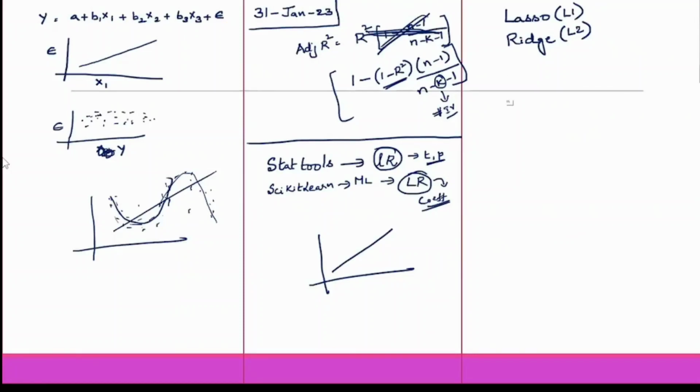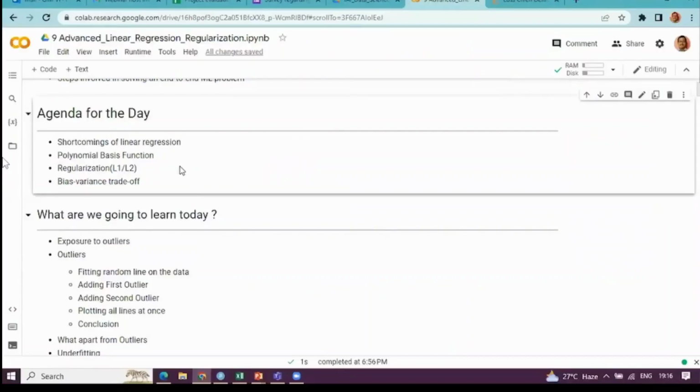We will discuss that. So we will talk about penalizing for the complexity. This is one more thing that we are going to look at. And one of the very important concepts in the machine learning world is the bias-variance trade-off. So these are some of the concepts.